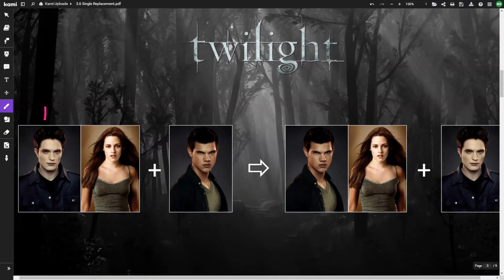So Edward the vampire and Jacob the werewolf switch places. That's a single replacement reaction. So when you have a single replacement reaction, you have a compound. So in the case of an ionic compound, you have your cation and an anion. And you're going to have either a cation or an anion outside of the compound.